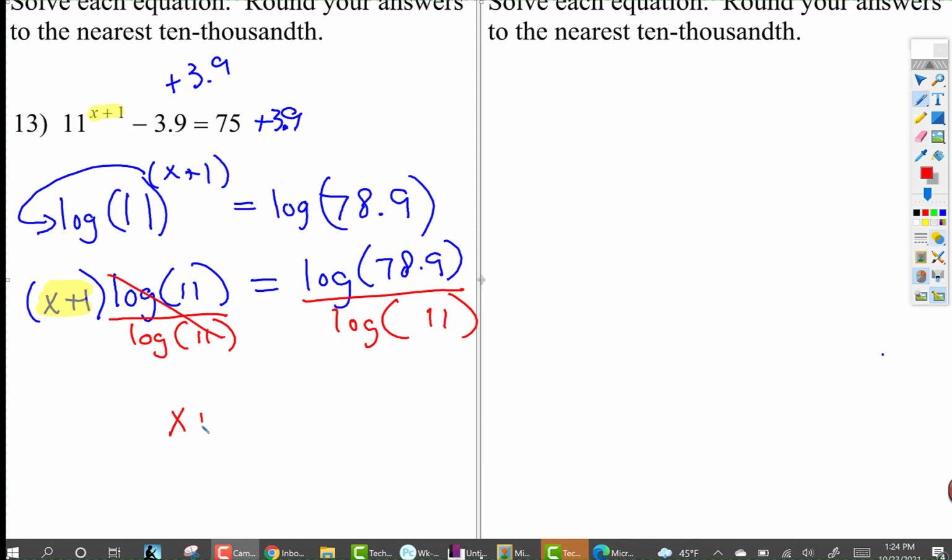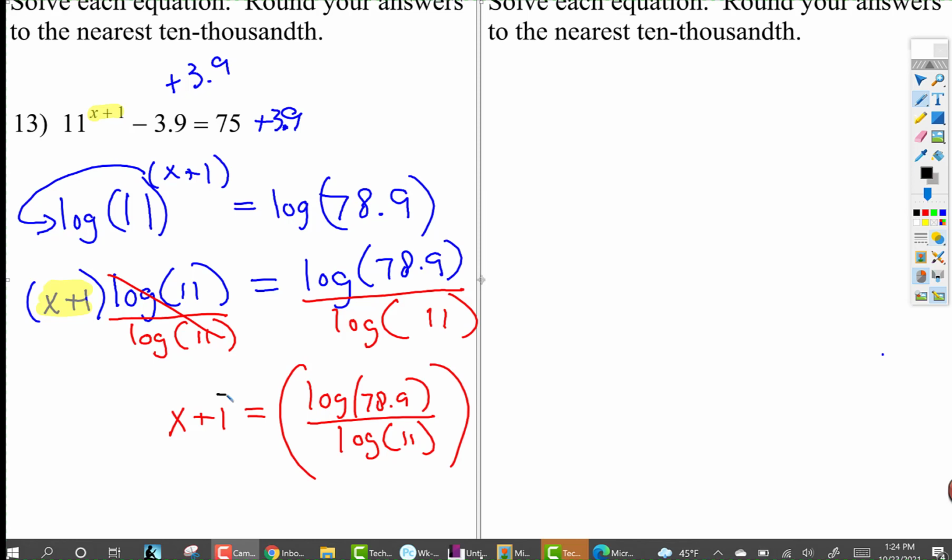And now what we have is x plus 1 is equal to all of this stuff. What do we have left to do? All we have left to do is subtract 1. So it's those logs, I'm not going to rewrite it, but you would.